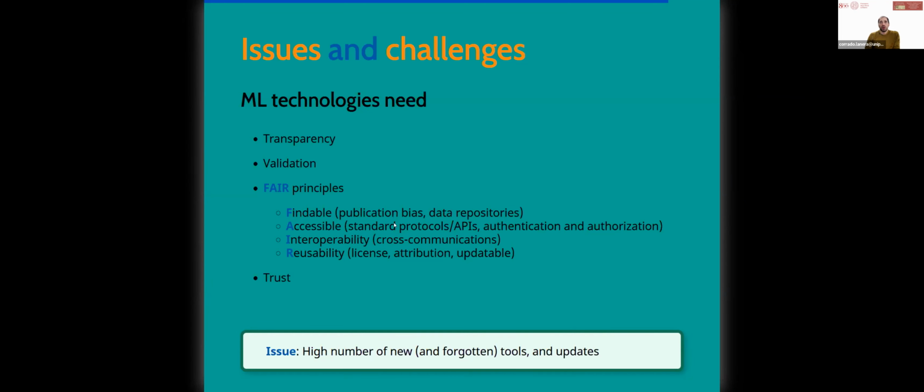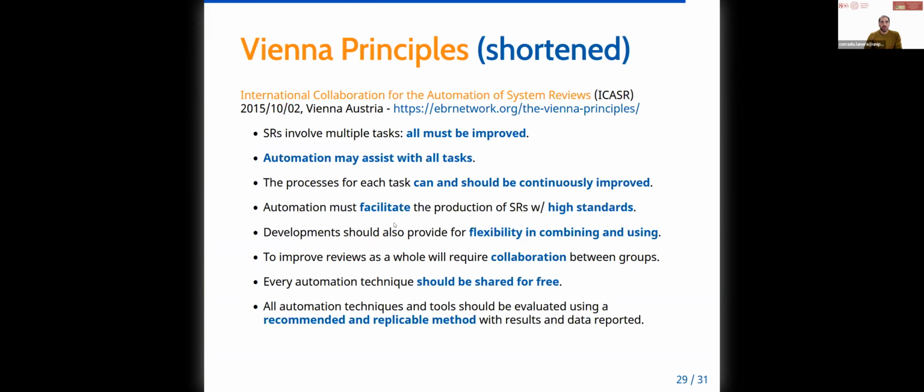Starting from that, the International Collaboration for Automation of Systematic Reviews put out what they call the Vienna Principles, in which they state that machine learning is effective and can help the systematic review process. All tasks of the systematic reviews can be and must be assisted by automation and machine learning.